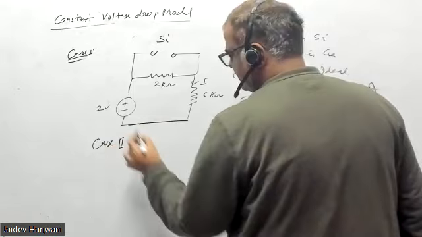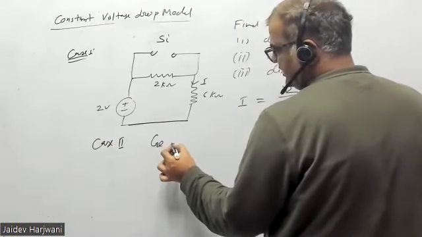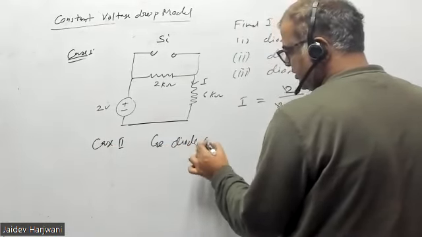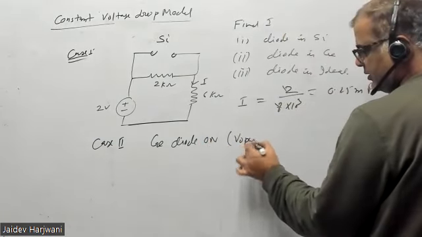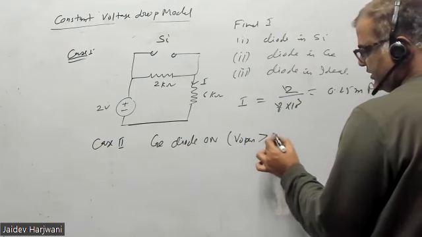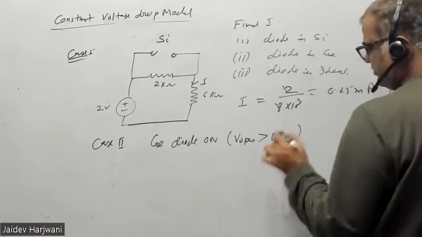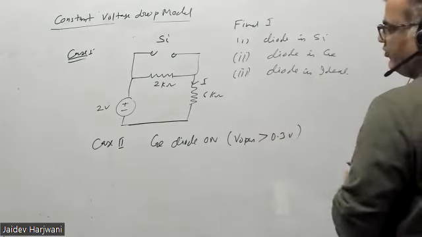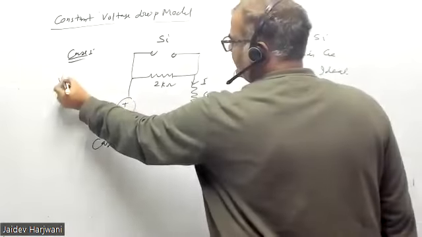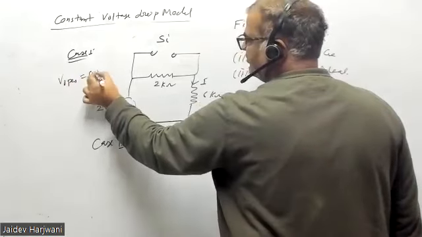Case second. Germanium diode is on, because V open is greater than 0.3 volt. We found V open of the diode. V open was 0.5 volt.